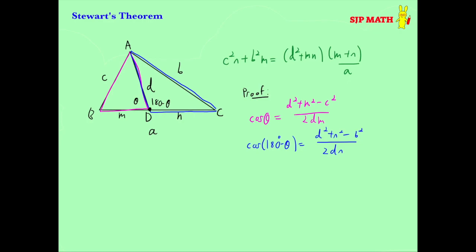We also know a relationship between cosine theta and cosine of 180 minus theta: cosine theta is equal to the negative of cosine of 180 minus theta. So we can plug these in and get a relationship between these two equations.